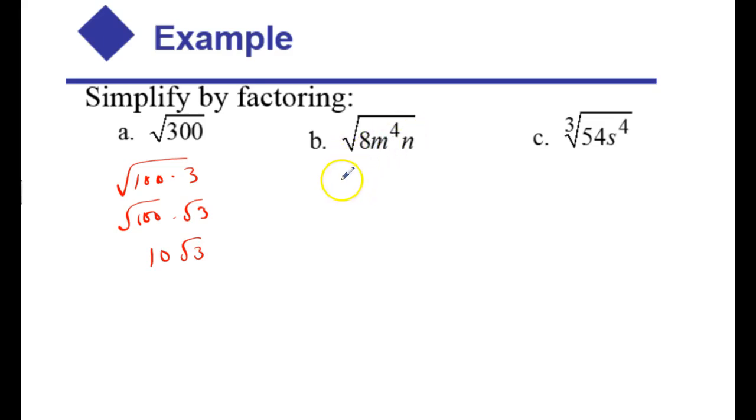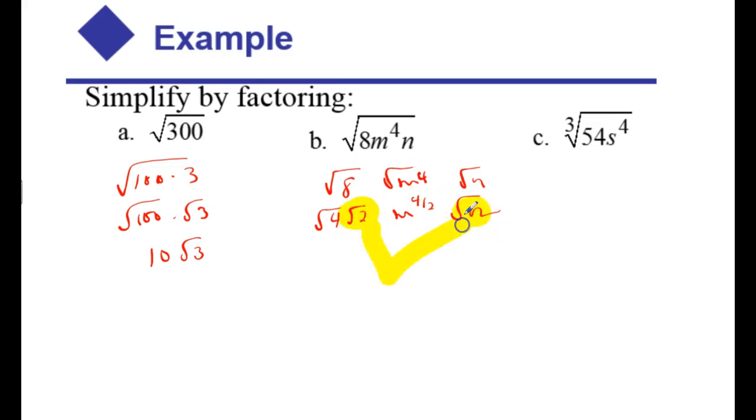For this one, I'm going to try to pull this apart. This is the square root of 8, which, by the way, could be written as the square root of 4 times the square root of 2. The square root of m to the 4th, which is really m to the 4/2, and then the square root of n. So what's going to happen here is I can't do anything with these two terms, so I'll just rewrite those two terms, and I'll put those back together.